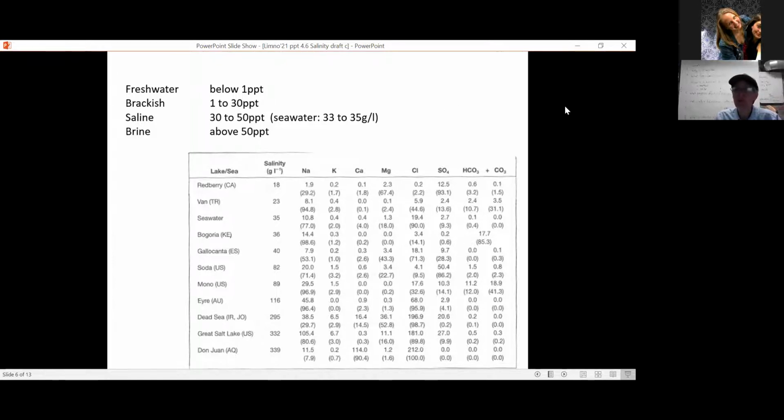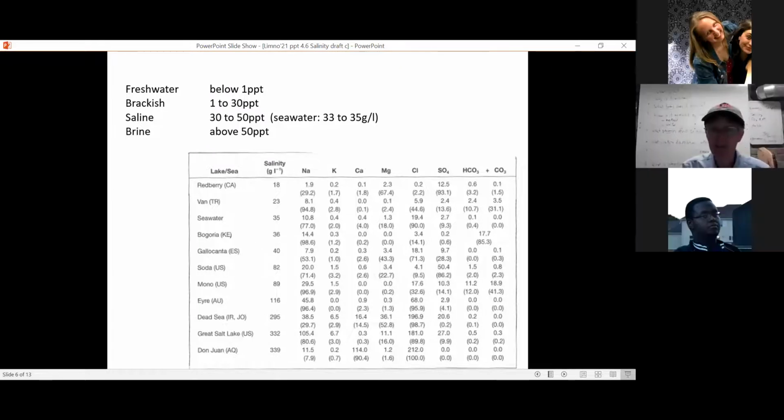Okay, so if you look at this table here, I would like you to tell me, you know, the Great Salt Lake of Utah, which of these 4 terms, which of these 4 words best describes the Great Salt Lake of Utah? Freshwater, brackish, saline, or brine? Based on the information in this table.